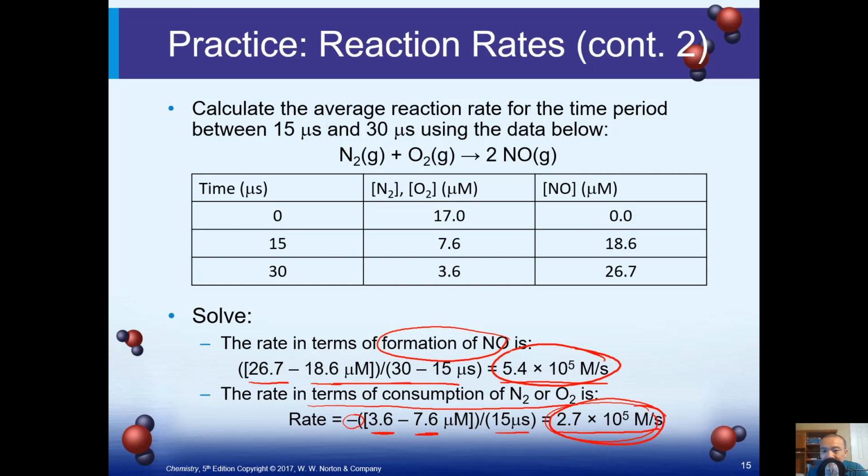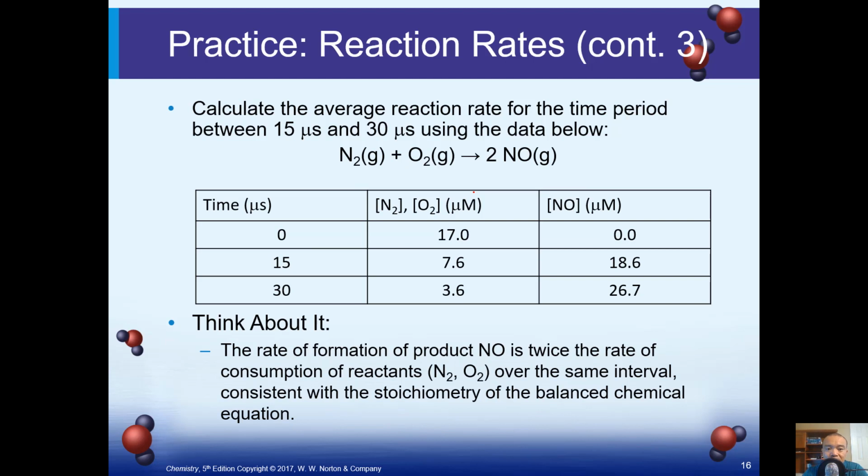This is indeed expected because the chemical coefficient for nitrogen is 1, for oxygen is also 1, which is half of that of the chemical coefficient for nitrogen oxide. The calculation is consistent with the stoichiometry of the balanced chemical equation. The rates based on different substances are related to the chemical coefficients.